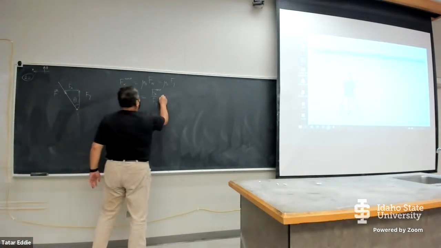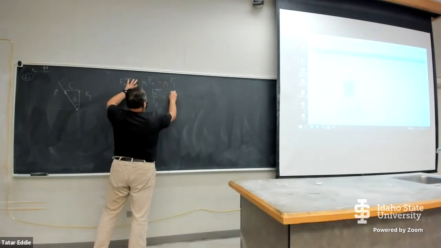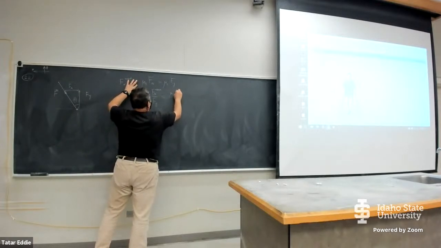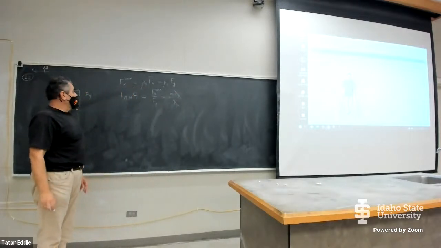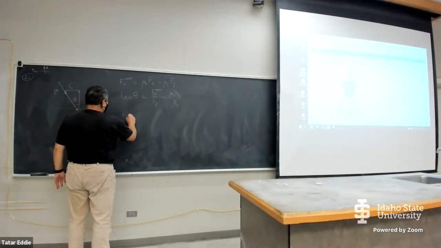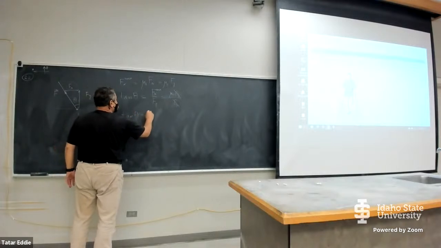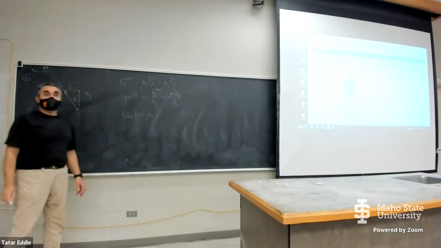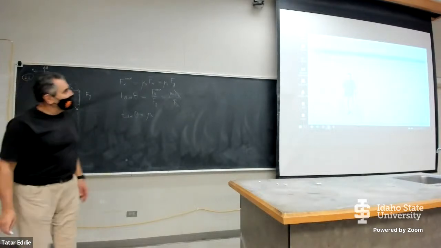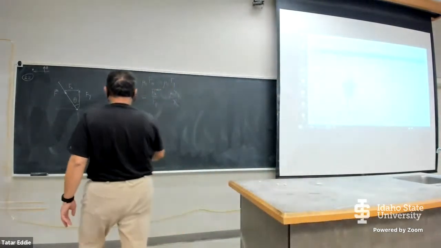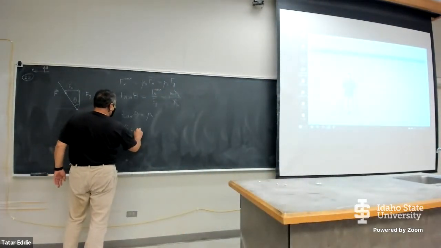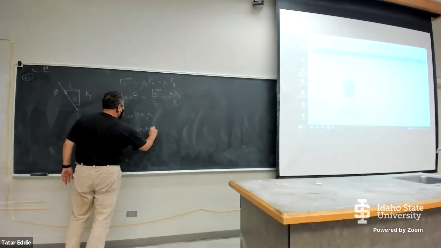In other words, Fx maximum is coefficient of static friction times the normal force. The normal force is Fy, it cancels out. So we got that the tangent of the maximum angle is exactly equal to the coefficient of static friction. And therefore, the maximum angle, theta, is inverse tangent of the coefficient of static friction.